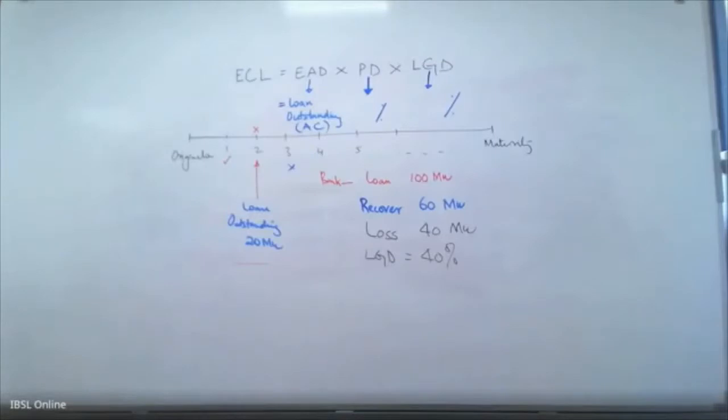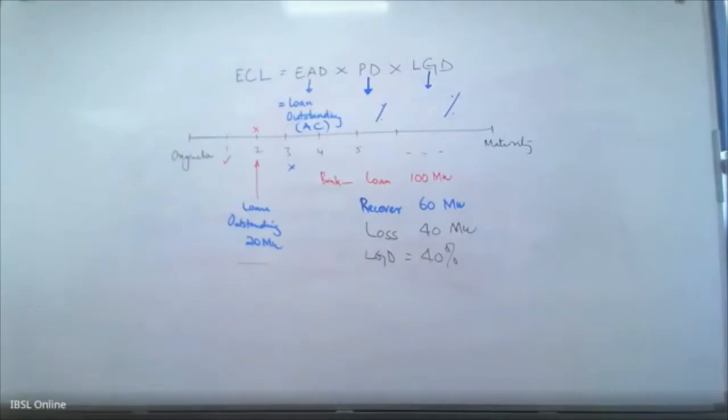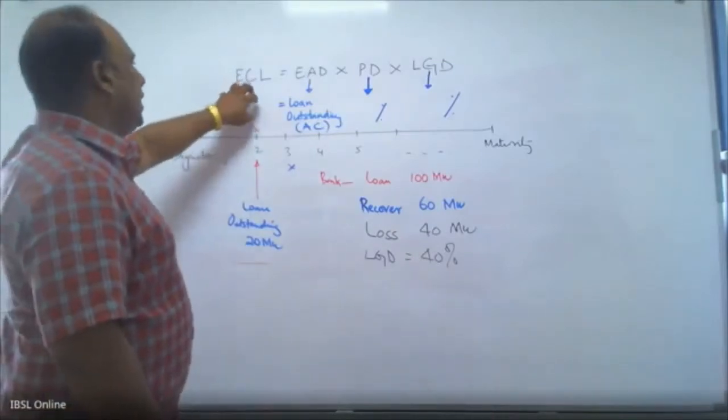Sir, please re-explain LGD. Yeah. Say now this company, you want the LGD, right? Yeah, sir. Right. Now let's say you are trying to calculate the expected credit loss, which is the collective impairment.